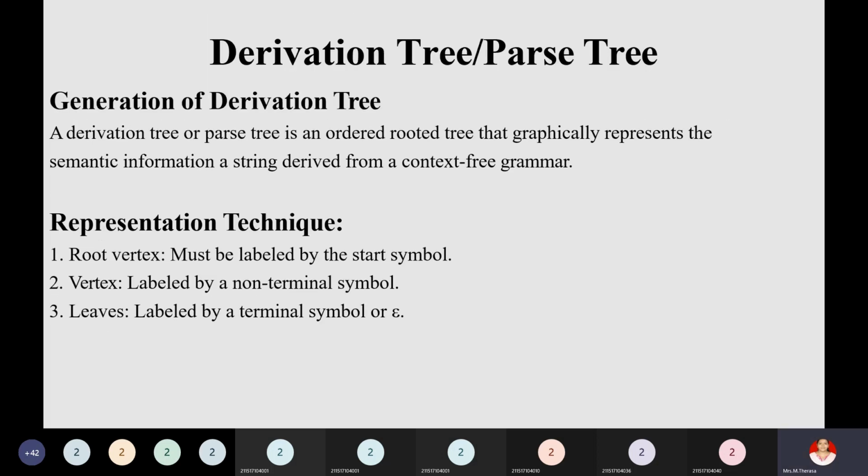next topic, derivation tree, otherwise called parse tree. Before moving to this derivation tree, we have to know the derivation. A grammar is used to describe a language by generating each string of that language in some manner. So what is meant by derivation?